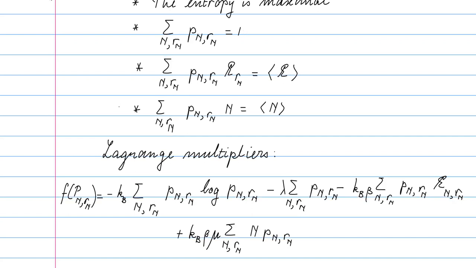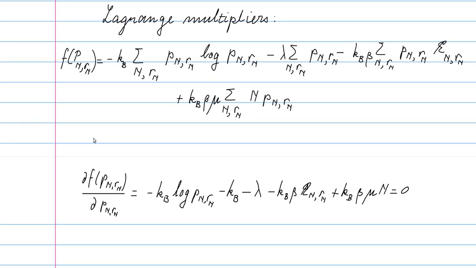Then we have a Lagrange parameter for the expectation value of the energy. And finally, we have here a Lagrange parameter for the expectation value of the particle number. And so we subtract all these conditions multiplied by the appropriate Lagrange multiplier.